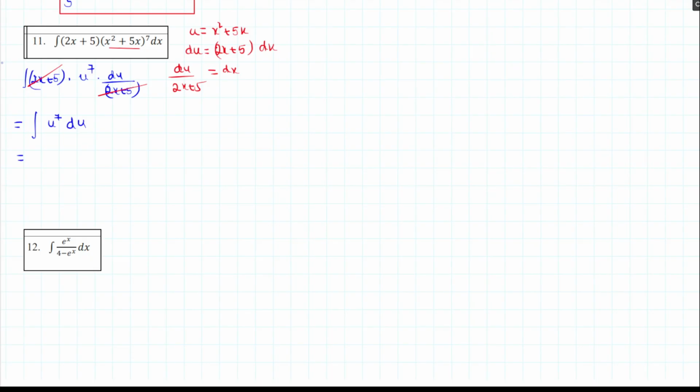So the integration of u to the power 7 is u to the power 8 over 8 plus c, and u to the power 8 back substitute to the original variable. So u equals x squared plus 5x, whole to the power 8 over 8 plus c. So this is the integration of the given integral.